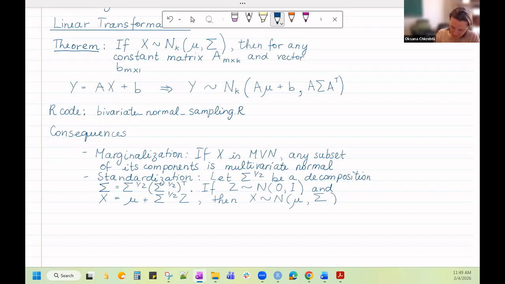Okay, so that's one way that we can sample random variates from this distribution if we only have access to sampling from a standard normal.